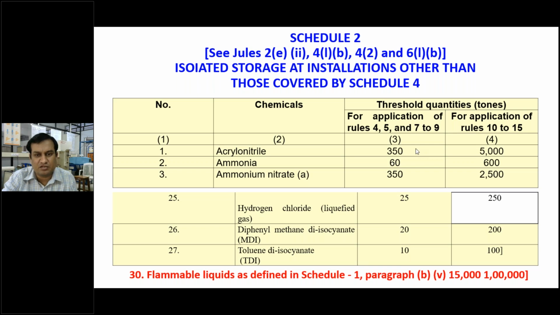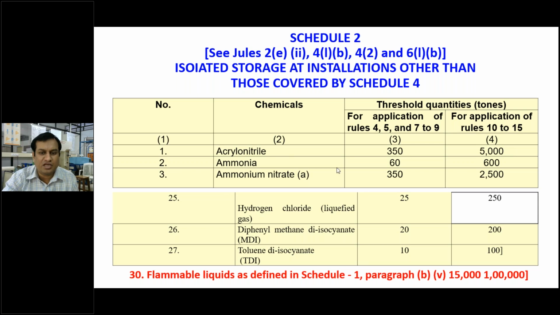So this is the example where the threshold quantity of acrylonitrile is 350 tons, then ammonia 60 tons. Threshold quantity is given as per rules 4, 5, 7, 8, 9. And for the application of rules 10 to 15, the threshold quantities are different.